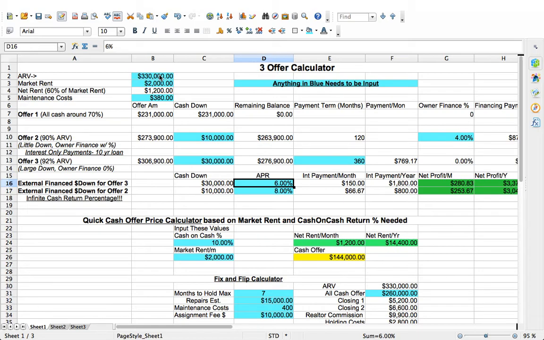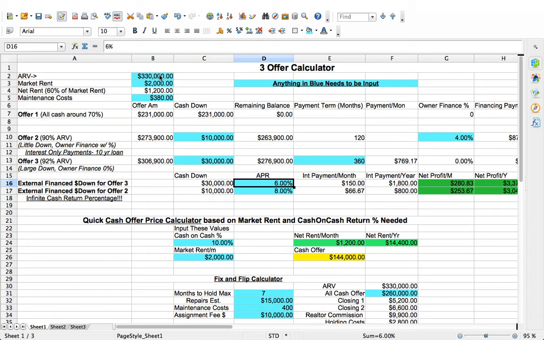This would be someone maybe you met through your local real estate meetups. You know, people you tell what you do. Once they see that good flips, they're going to be interested in how can I get involved. Well, you can actually get them involved by having them finance your cash down. That way you have zero money in the game.